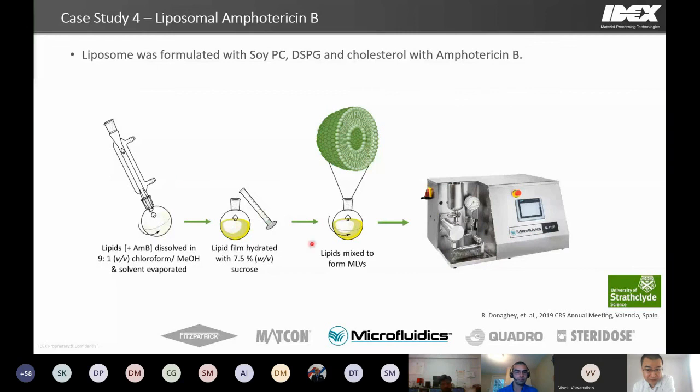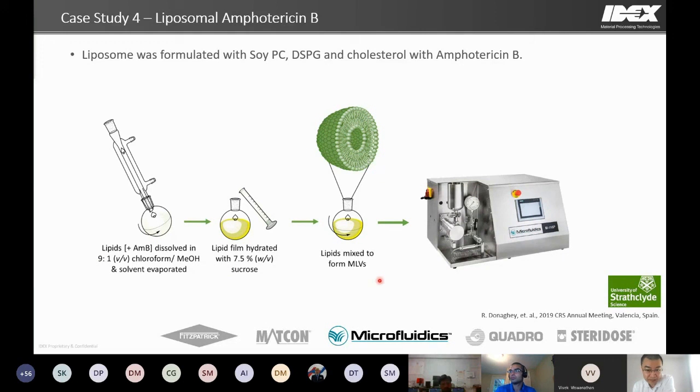As I mentioned already, the process followed the traditional lipid film hydration method, as illustrated in this diagram here. The first step is to create a lipid mixture with the lipophilic active, which in this case is amphotericin B. Upon removing the solvent, you create a film and then rehydrate it in a buffer solution.